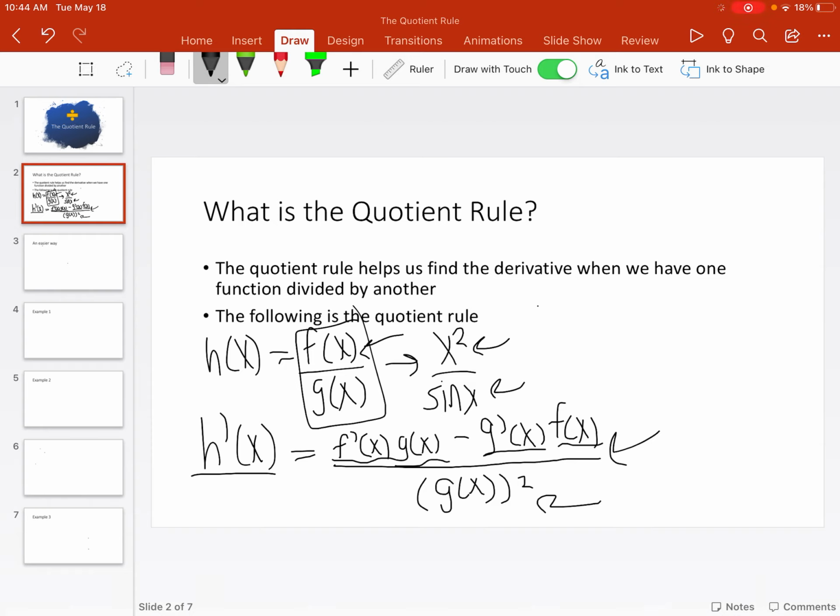So it tells us how to find the derivative of something in this form, where we have a function divided by another function. So as I did with the product rule, what we're going to do here is reparameterize. We're going to make this expression of the quotient rule look much neater and easier to work with.